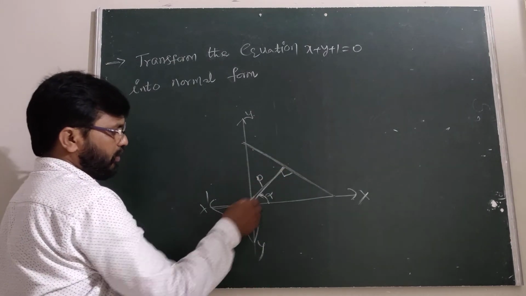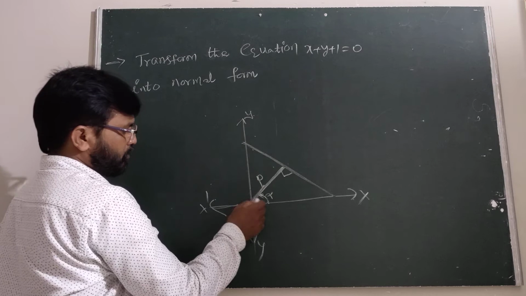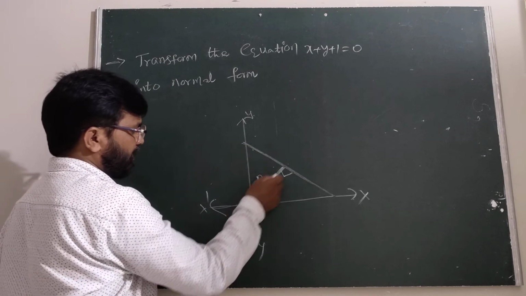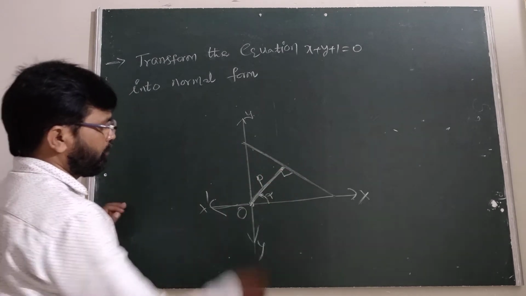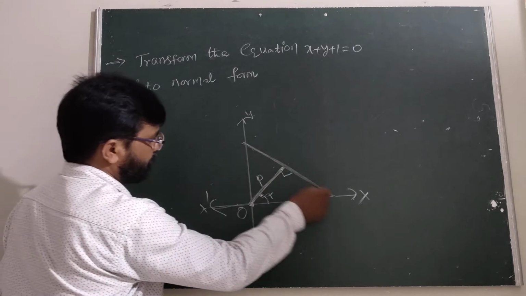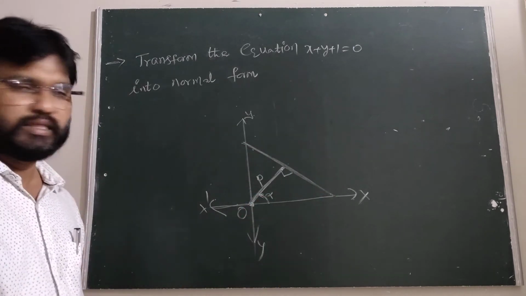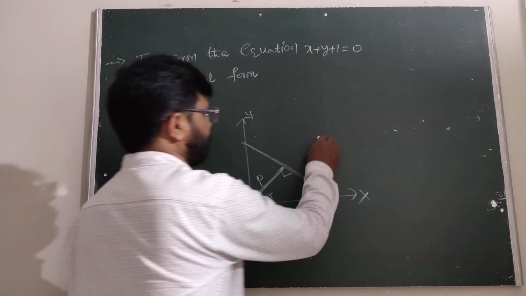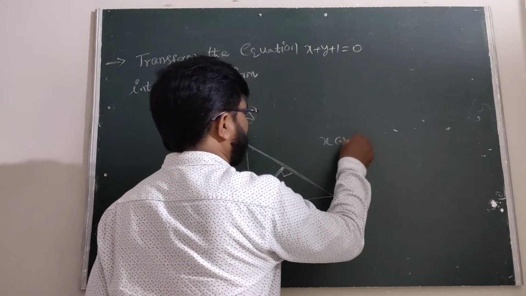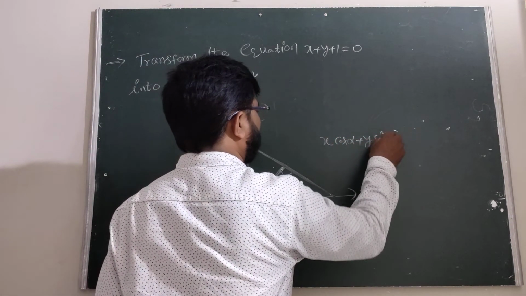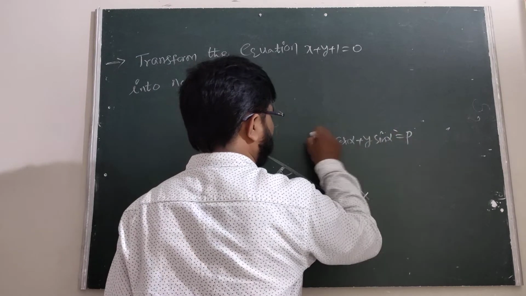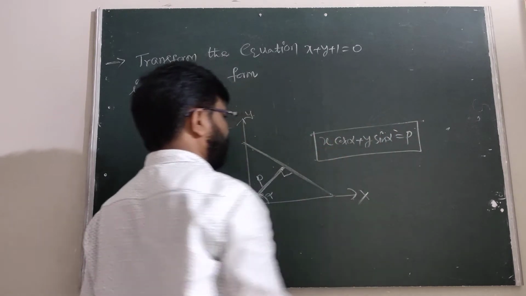This is the normal. Then the equation of the line is x cos alpha plus y sin alpha equal to p. This is the normal form.